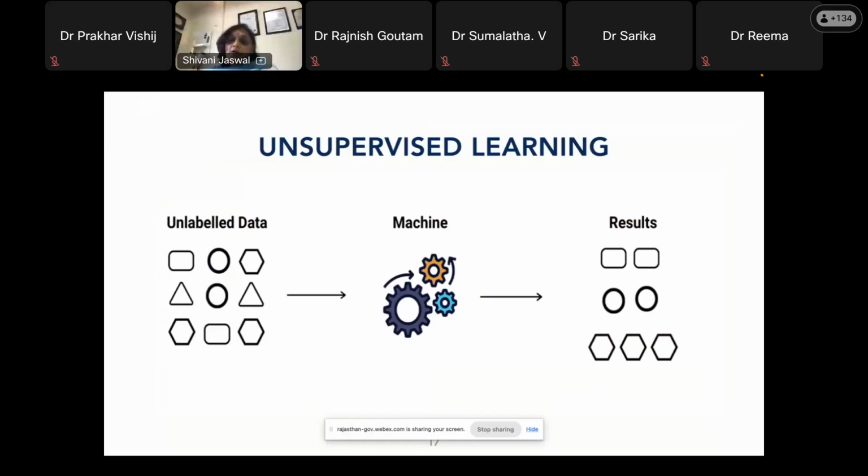The model has no hint or instructions on what basis it has to categorize. It forms its own patterns, its own rules, its own ways of categorizing the data. So this data can be categorized in a number of ways, and whatever interpretation you draw from the data depends on you, on which category you want to take.